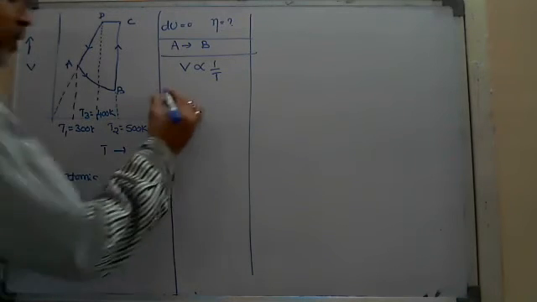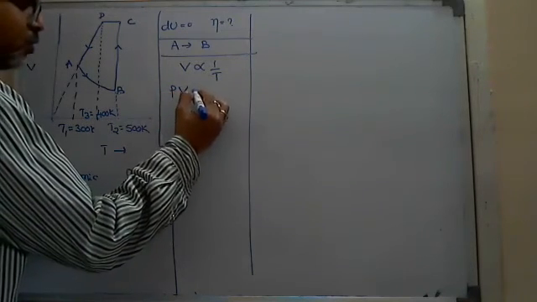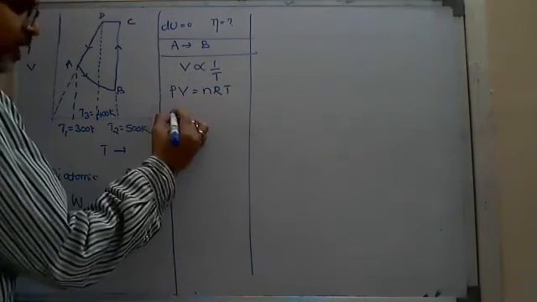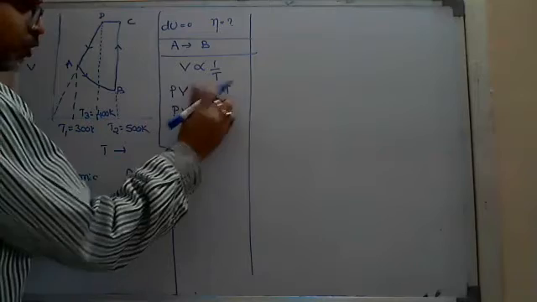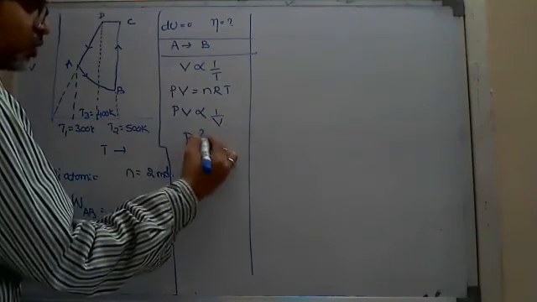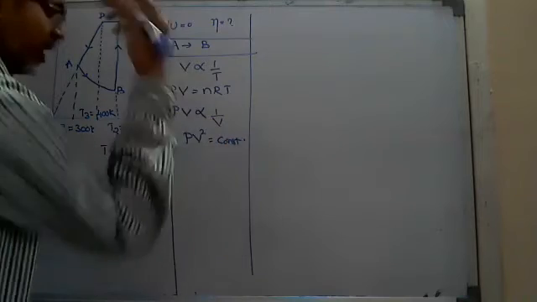Then PV = nRT gives PV directly proportional to T, so T is directly proportional to 1 by V. That is PV square equals constant. That is what I got here.